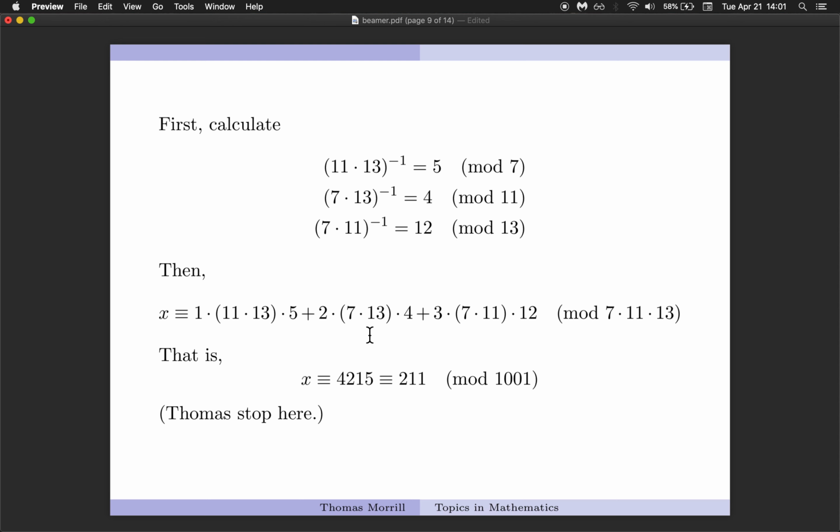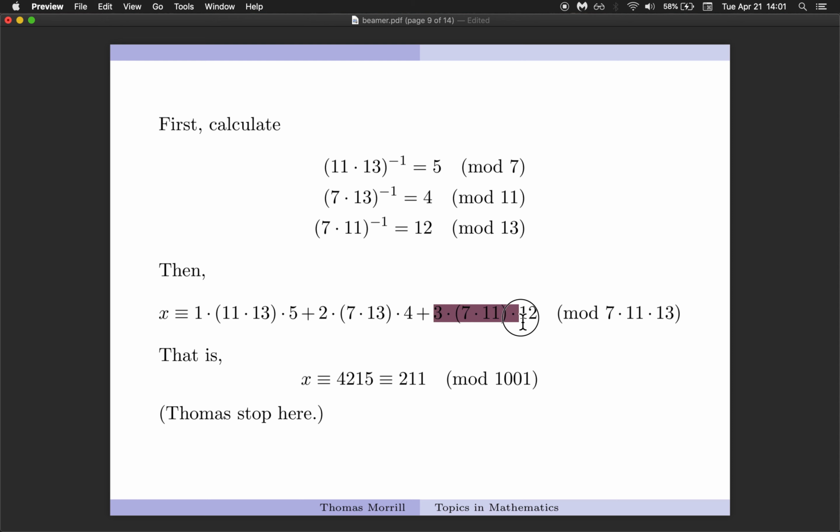When I look mod 11, I'll only see the product of these 4 numbers, right? I have an 11 over here. 11 is 0 mod 11. I have an 11 over here. 11 is still 0 mod 11. 2 times 7 times 13 times the inverse of 7 and 13 is 2 modulo 11.